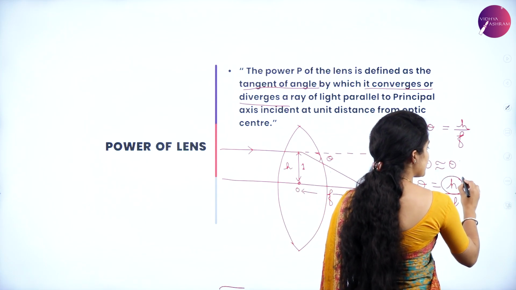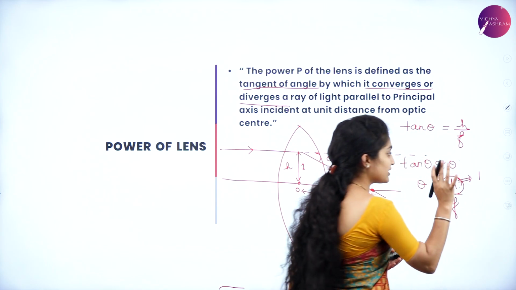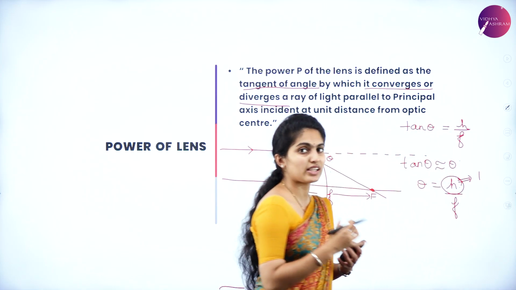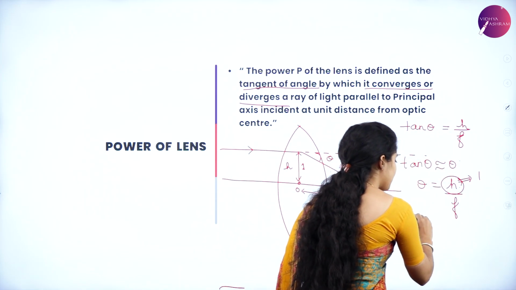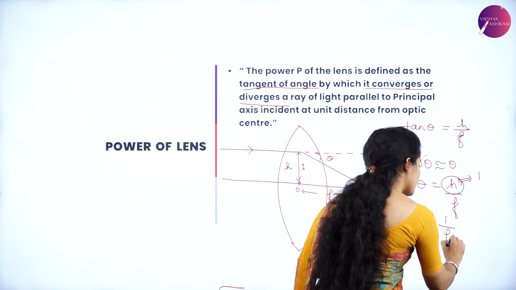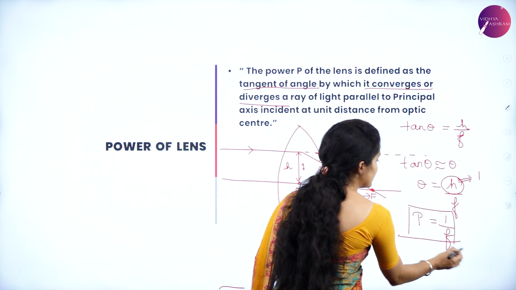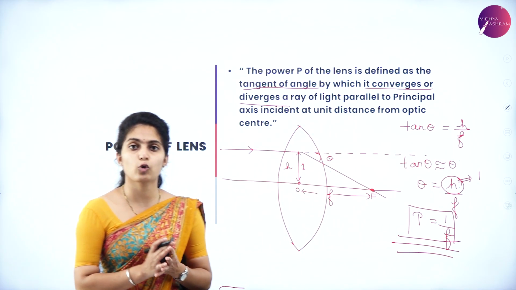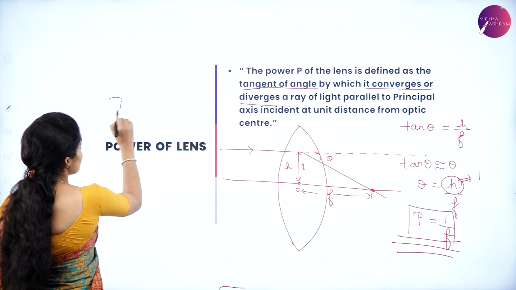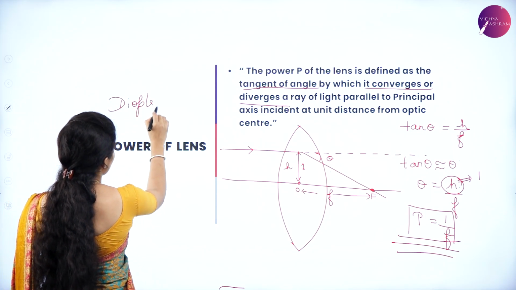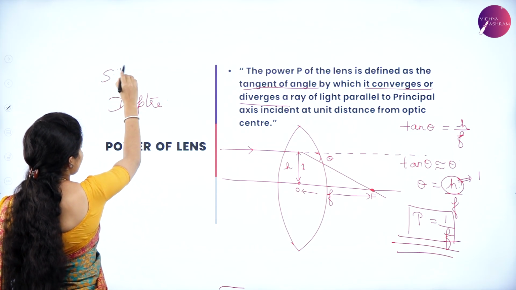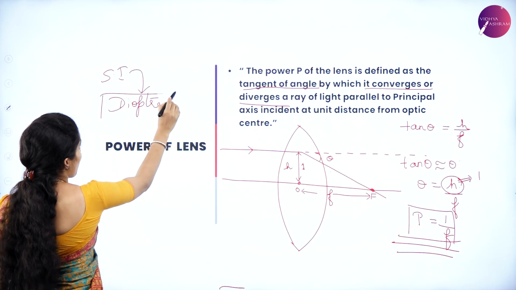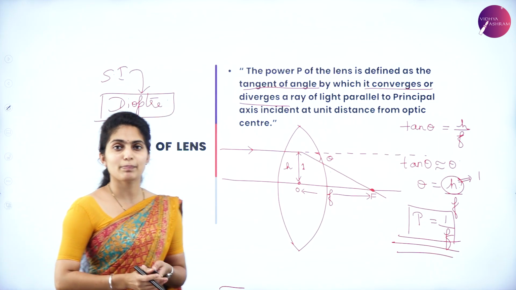If h is considered to be a unit distance, that means 1, and theta is known as the power of lens which is given by P, it becomes P is equal to 1 by f, the power of lens formula, and the SI unit of power of lens is called dioptre, D I O P T R E. This is the SI unit of the power of lens. So this is all about the power of lens.